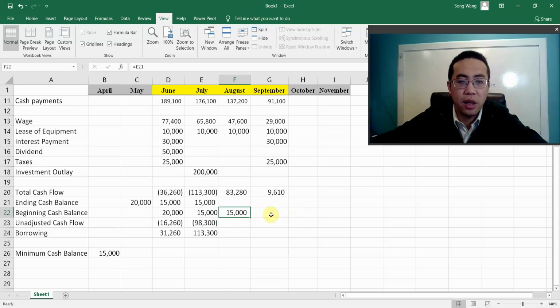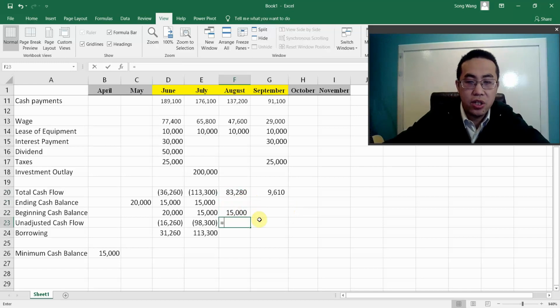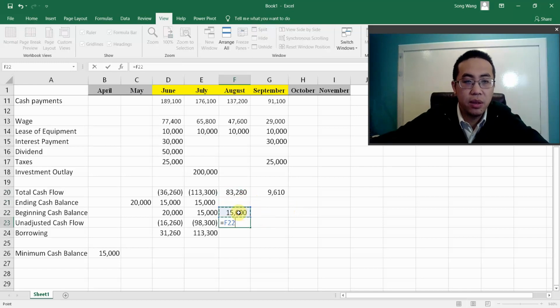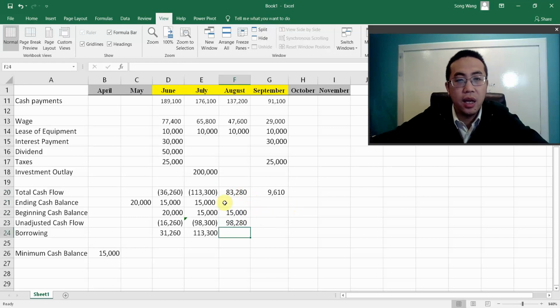Actually, I can just drag it all the way there if I want. And in August, I'm running a pretty good surplus, and my unadjusted cash flow plus the cash I begin with would be 98,000 something.